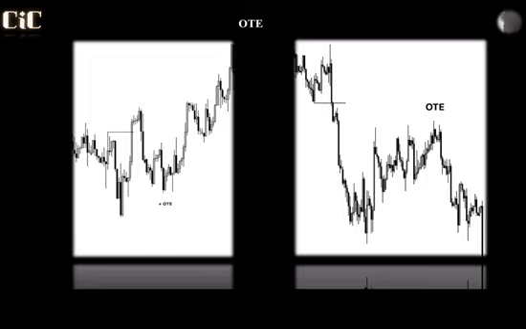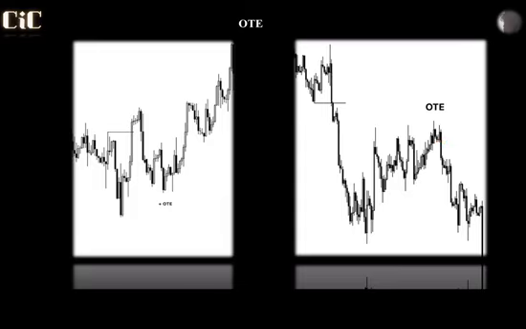Usually lies from the 50% Fib all the way down to the 0.886 Fib of the price leg. Right, so leg 1, retracement. Leg 2, OTE. Vice versa. Leg 1, retracement, OTE, kickstarts leg 2.